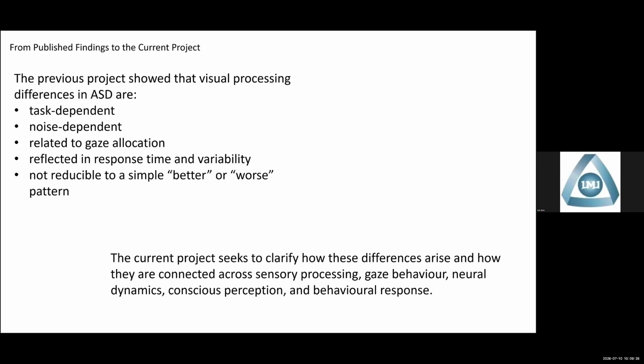Successfully financed last year, and now we will try not to search simply for differences, but to explain the mechanism of these differences. There are many theories, and each of them explains some part of the data, but not all the data.